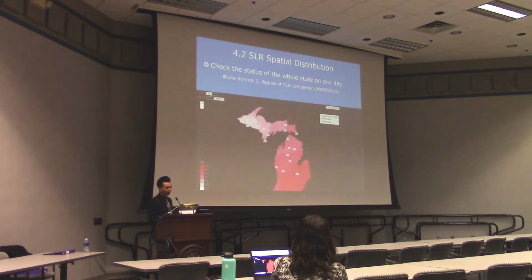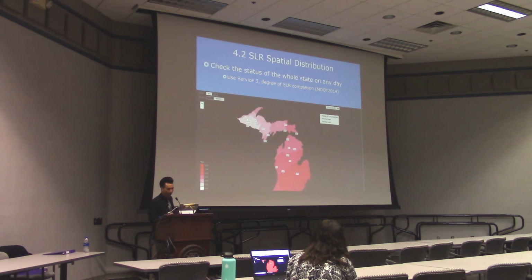Okay, let's keep going. The next one is the SLR spatial distribution. Here I did two things. This is for March 5th: the distribution of the degree of SLR completion across the state. The degree of completion is a totally new thing, so nobody has used something like this before.